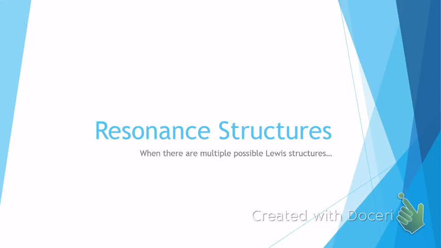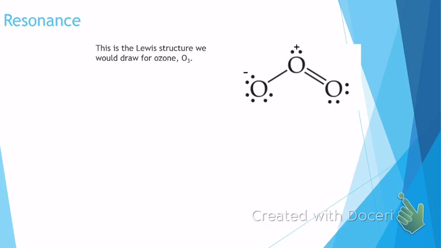So first of all, let's look at ozone, and in case you didn't know, ozone is O3. Let's see what its Lewis structure would look like. Whenever you start drawing these Lewis structures, I can't stress this enough, you want to make sure you always put in the formal charges.